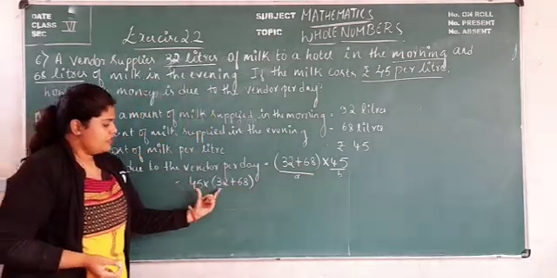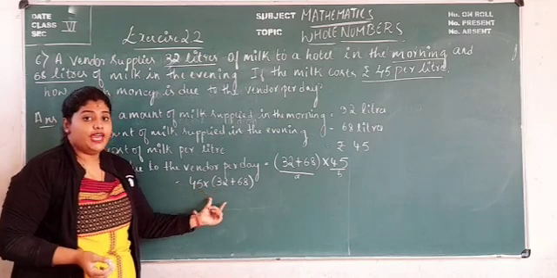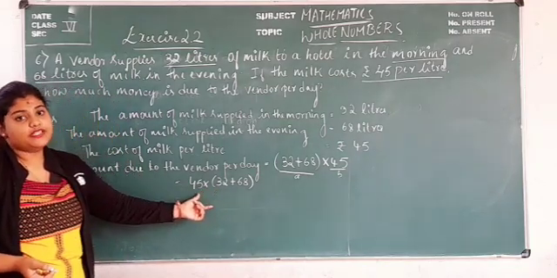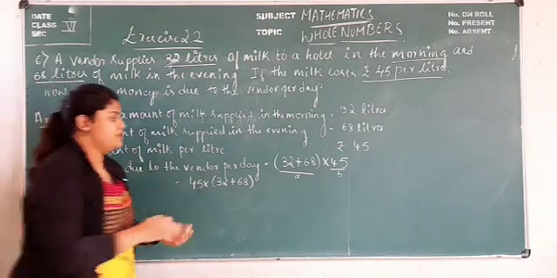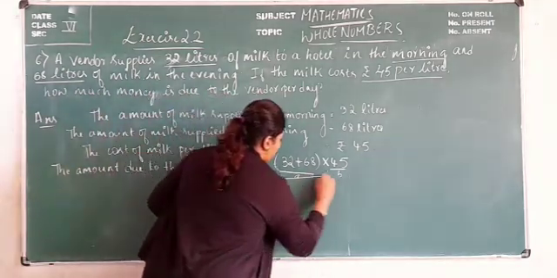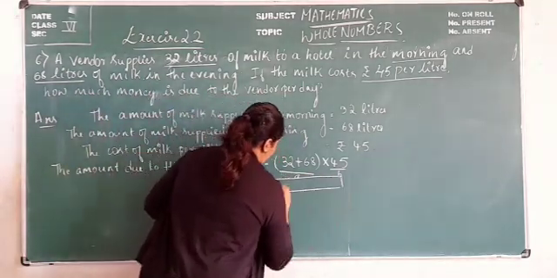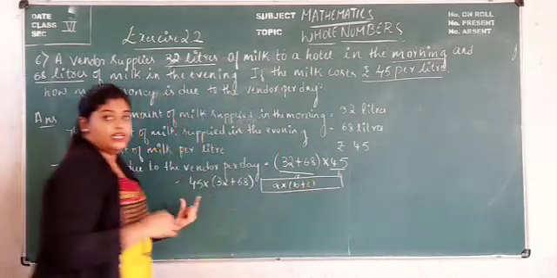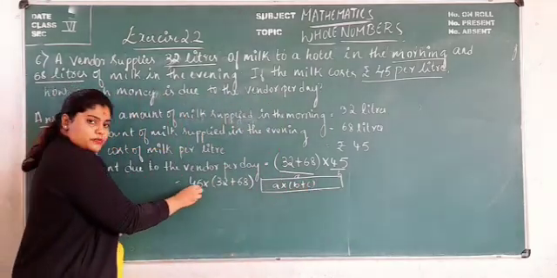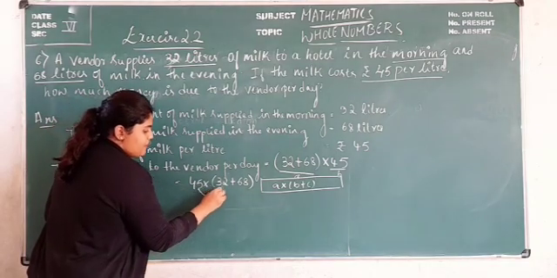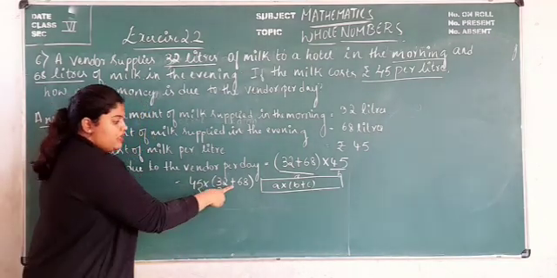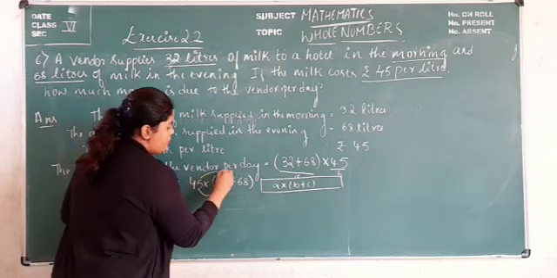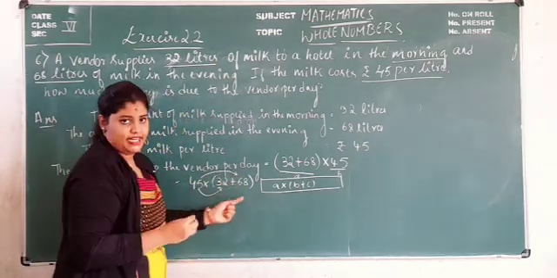Next. Now this is of the form A into B plus C. A into B plus C means it is, yes, distributive property. So here we are applying distributive property. If we apply distributive property, first we have to multiply 45 into 32, then plus we have to multiply 45 into 68.